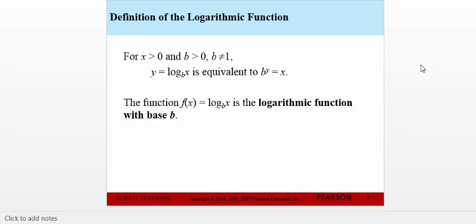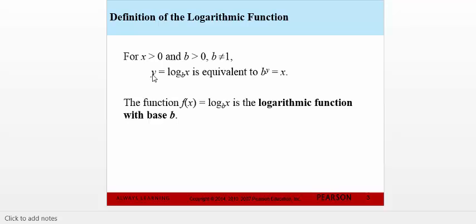The function f of x equals the base b log of x is the logarithmic function with base b. So this equivalency is what we're going to deal with first in our problems on our worksheet.